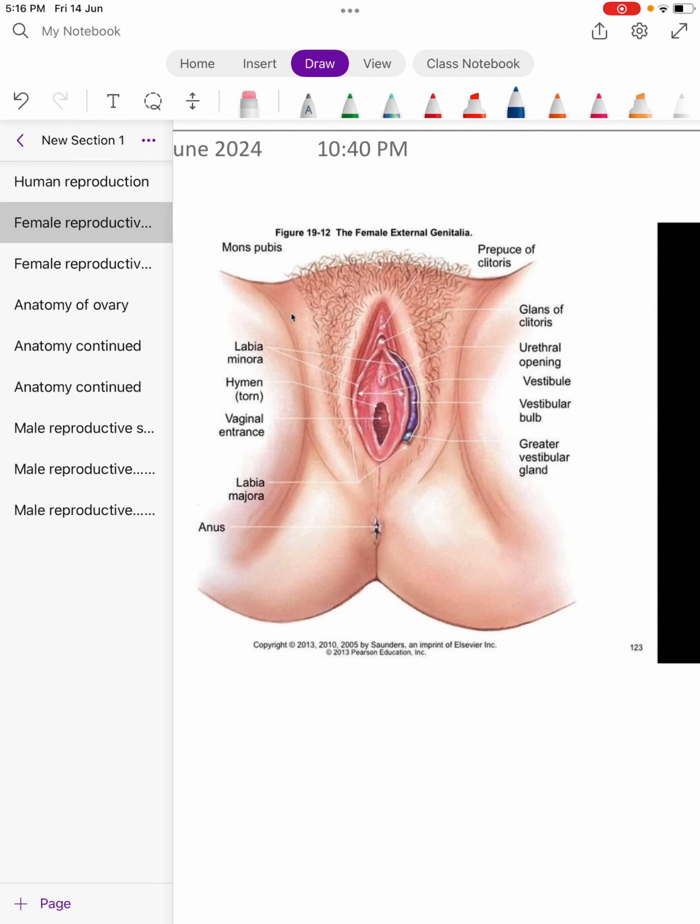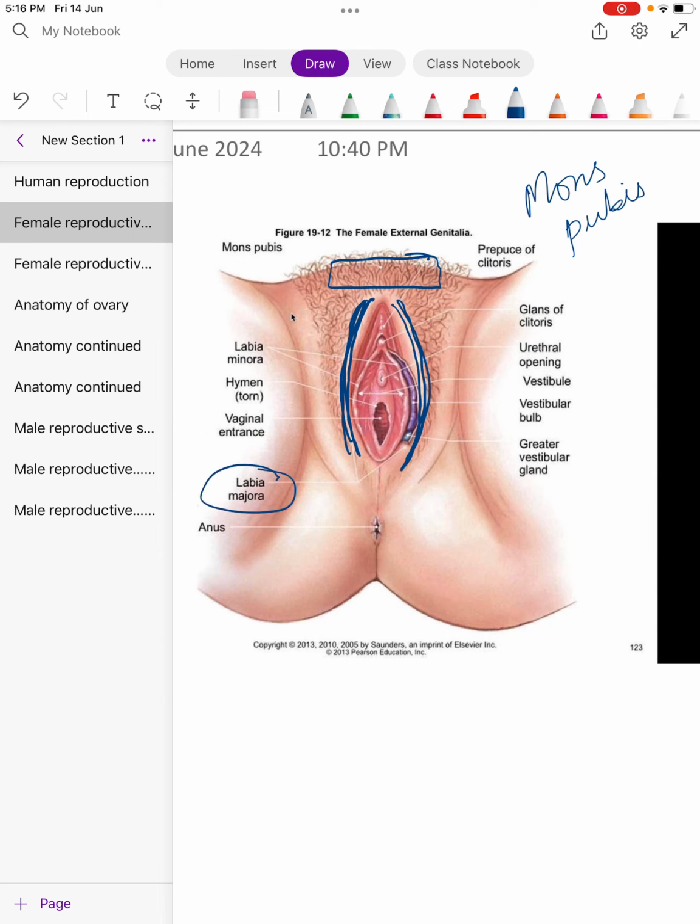You can see this portion. It consists of fatty tissues and connective tissues, and it is known as mons pubis. Then here there is a fold of skin, which is darker in shade, and it is known as labia majora.